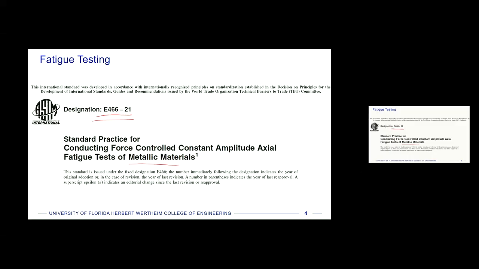It doesn't break down the type of metallic materials. So if you have a material that could be considered metallic, but maybe also not, then you may consider using this one, or you may have to find another one, right? Especially if you're doing something with semiconductors, polymer composites, other types of materials.